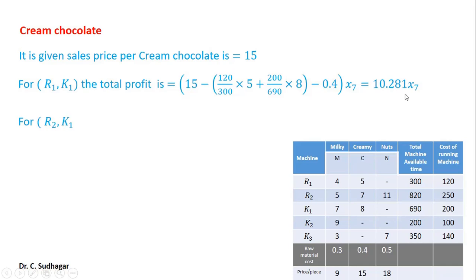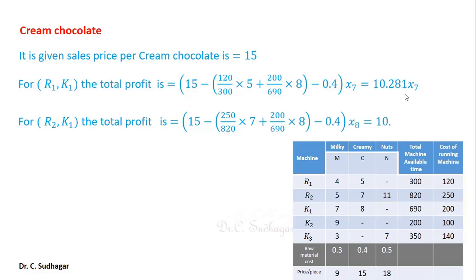So similarly for the R2K1 combination, the profit for X8 chocolates is 10.147 X8. I have taken 3 decimal values after the point because rupees have 3 decimals. You can say 10 rupees 147 paisa.